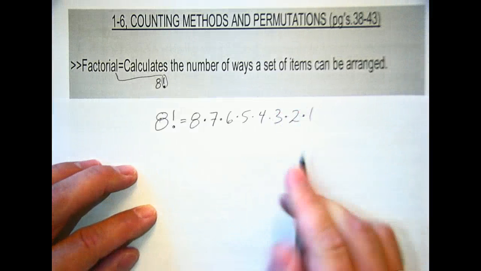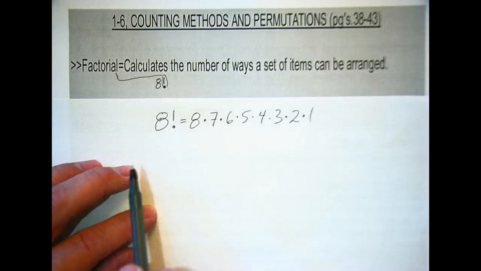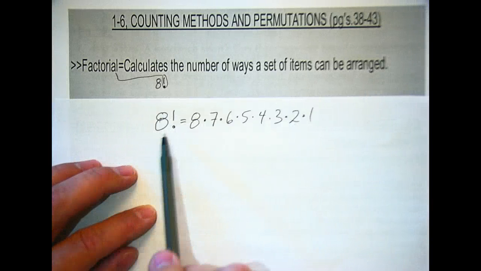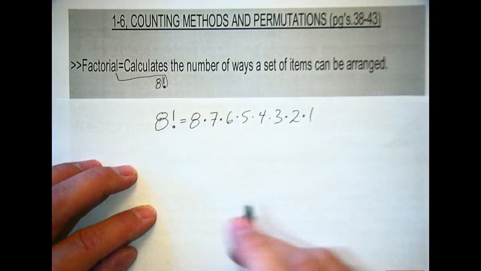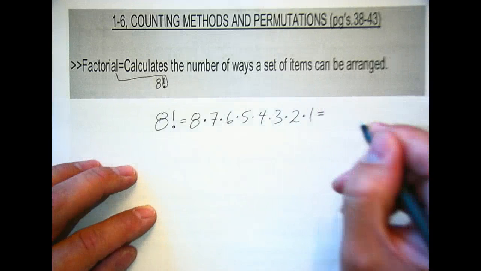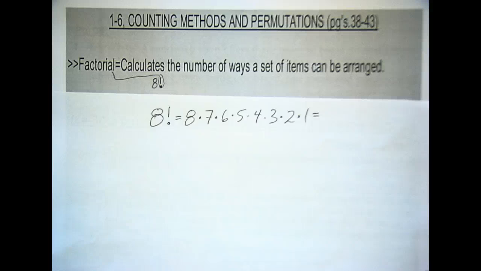That's a very compact way of writing it. If we did 99 factorial, it would be 99 times 98 times 97.